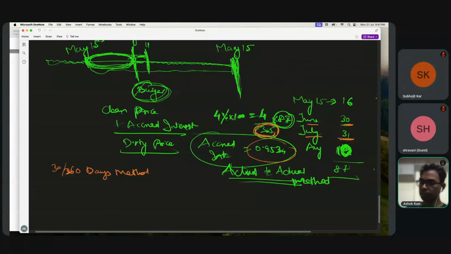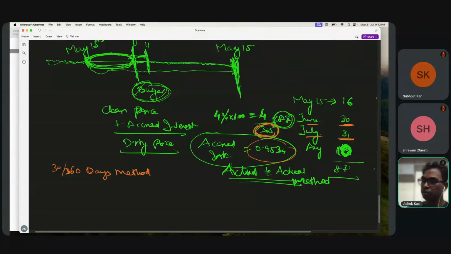Now, 30 by 360 days means some companies will say, I don't want to get into all these things. Why? Because to do all this, your company's operations machine should be good enough, because it should know which month is 30, which month is 31. Every leap year February's 28 days will change to 29 days, correct? It will lead to more operational problems.